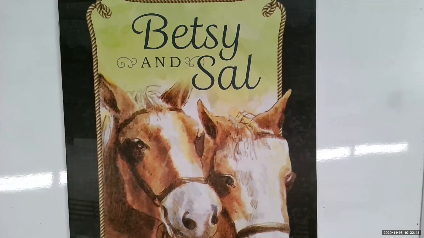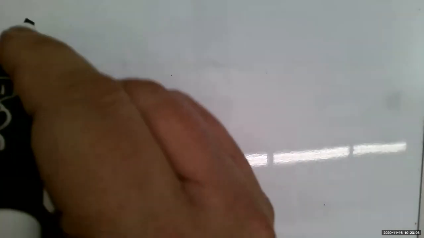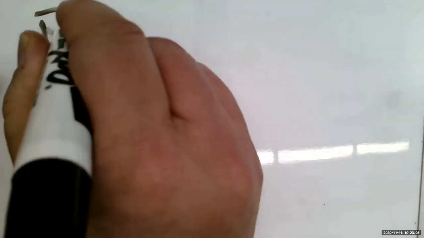So we're going to read Betsy and Sal, and we're going to talk more and more about feelings and motivations. Before we do that, I want to expose you to a few words that we will come across in our reading. The first word is preoccupied.